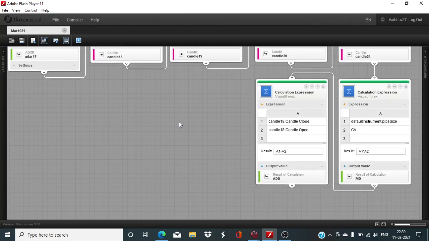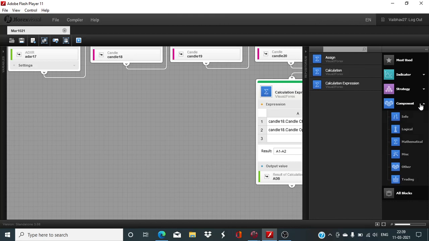Okay, so this is the condition, and now we will take multiple action and start adding the conditions on the buy side. Here I think it is included in logical. Okay, here it is.